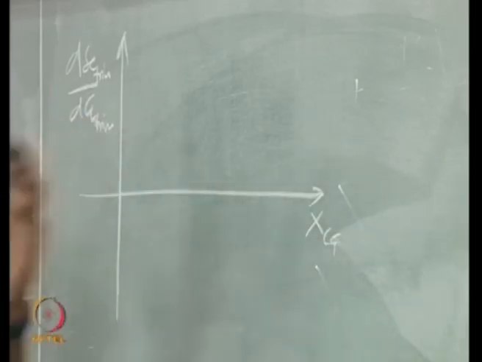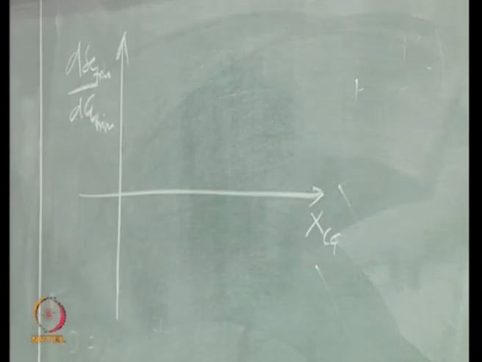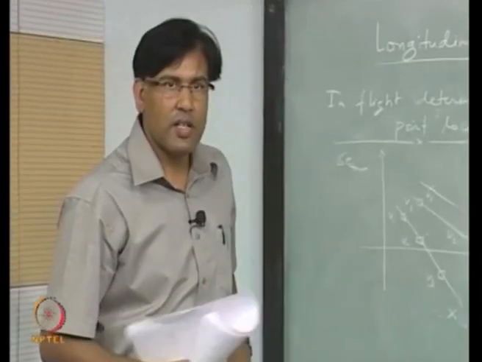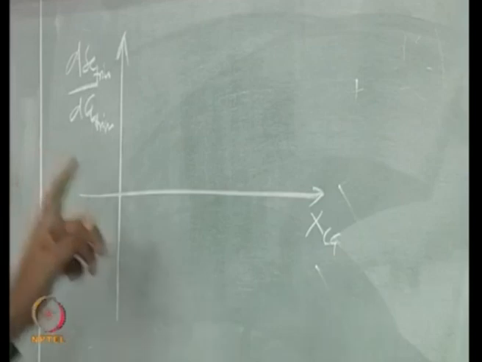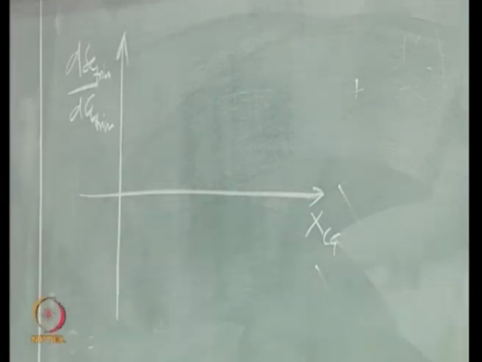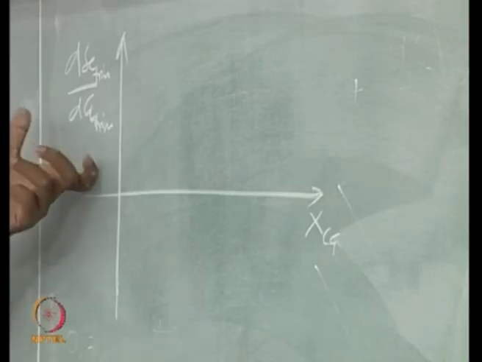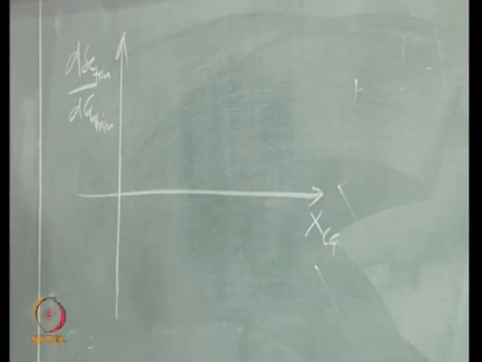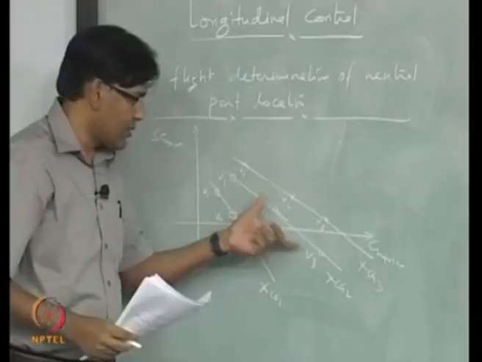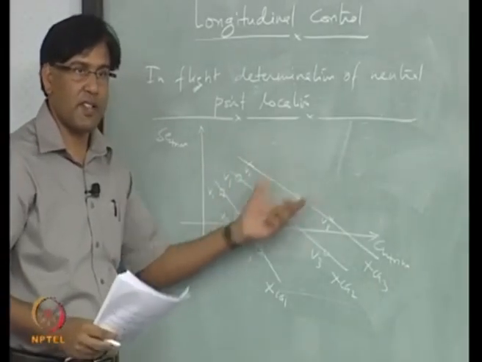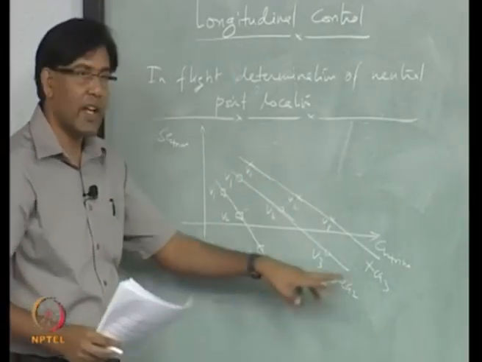Remember I said neutral point location is the location of the center of gravity, right, where Cm alpha becomes 0, is not it, and Cm alpha becoming 0 also means this slope going to 0, right. If I have the knowledge of how this is going to change with CG location, then I can find out where the neutral point is. So, now I have done these 9 experiments, I would say, okay, for 3 different CG locations.